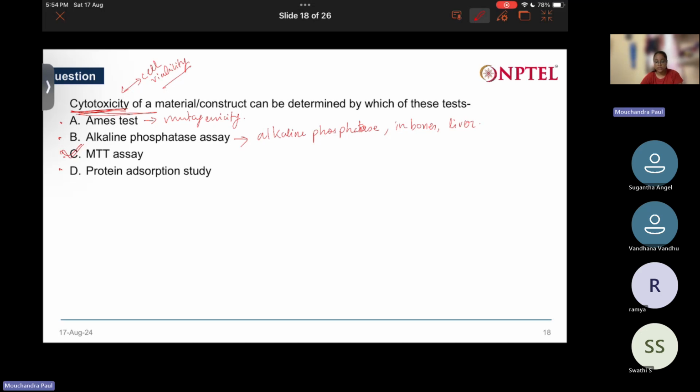Then the fourth one, protein adsorption study. So here we expose the material surface to a mixture of proteins, all right, and see whether the protein molecules have adsorbed. So there are various adsorption curves, that are called adsorption isotherms, that are helpful here.